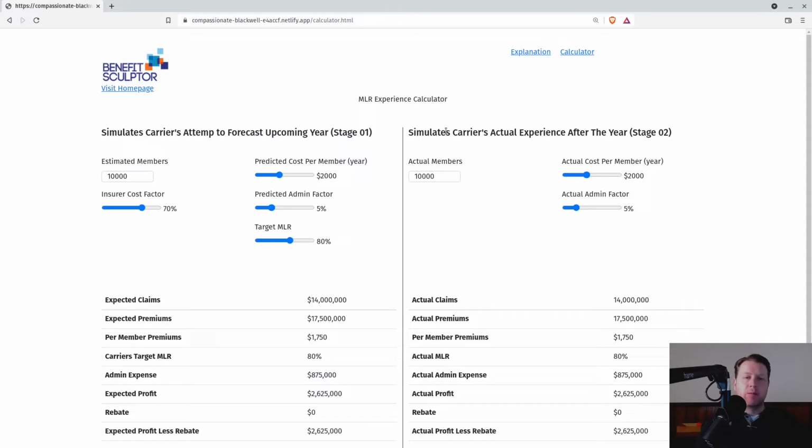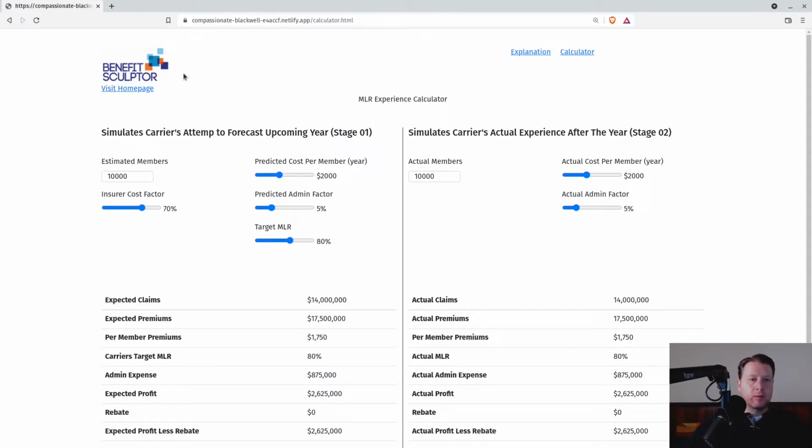That's where they have to make a bunch of assumptions about what they think the enrollment experience, the medical claims experience, and even their own internal cost experience will be based upon the products that they're offering for the year. And then the second stage is they set those products up, issue them to the public, and then they have the actual experience. After the year goes by, they need to evaluate how close their actual experience was to the assumptions that they made in stage one.